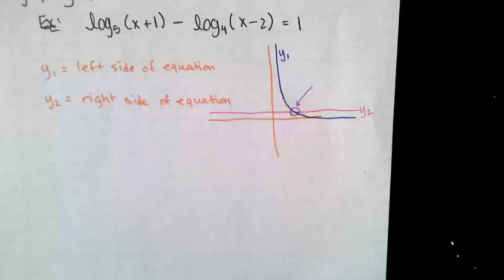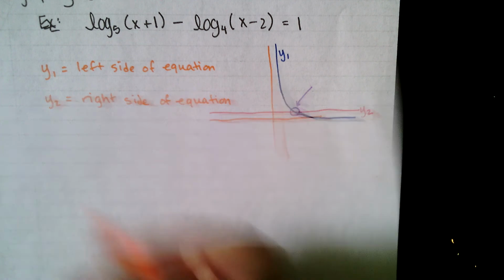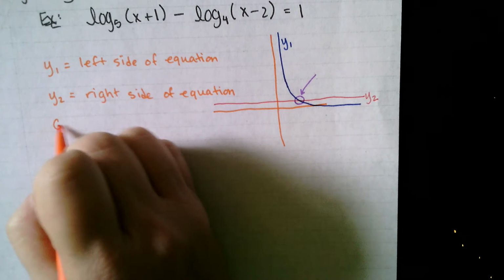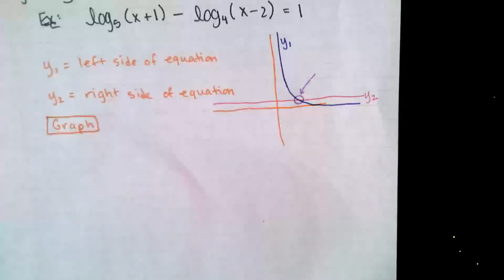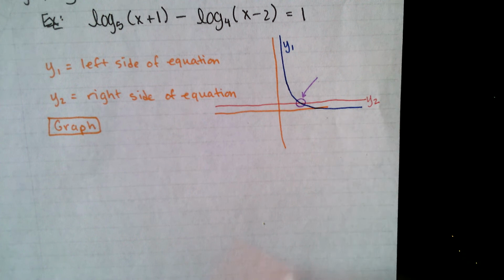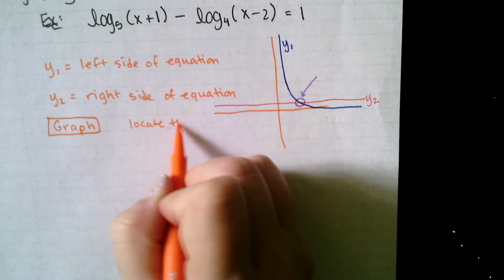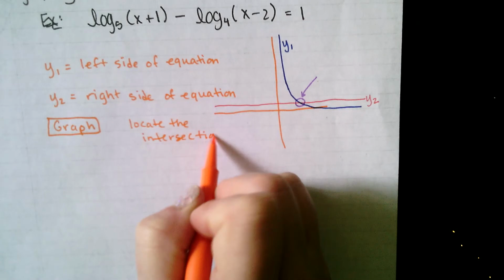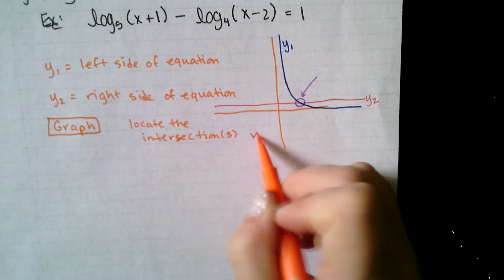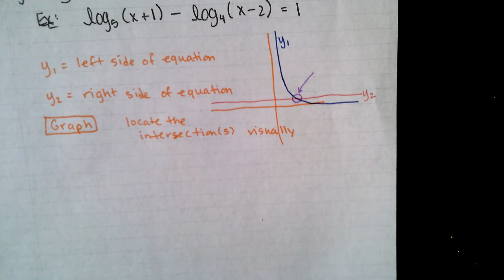So after we put y1 in the left side of the equation and y2 in the right side, we want to look at the graph. I did zoom standard, but you'll need to be able to locate the intersection or intersections visually. You have to be able to see them on your graph or the calculator can't find them.